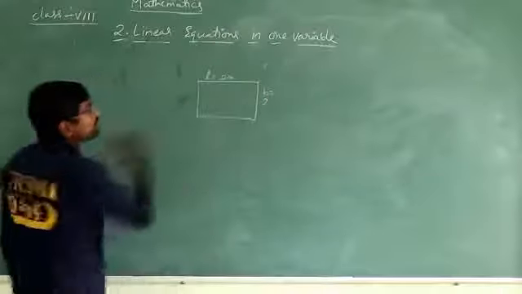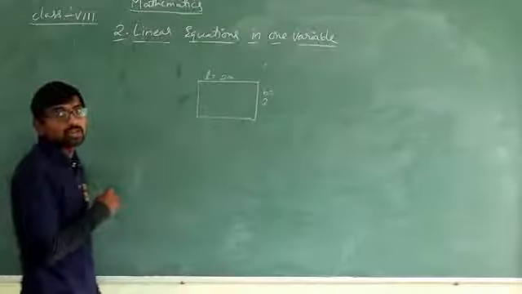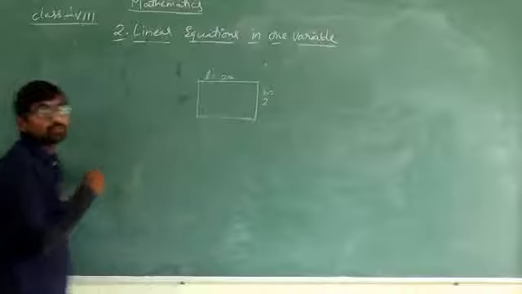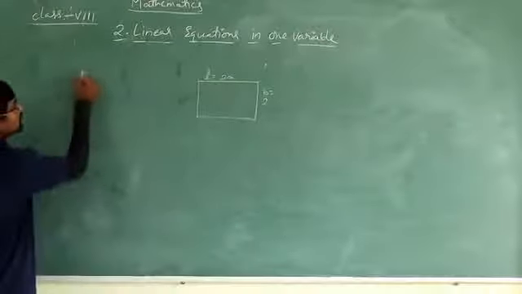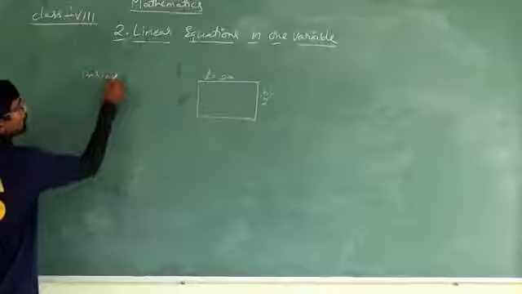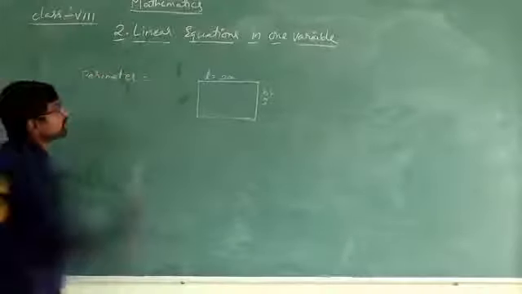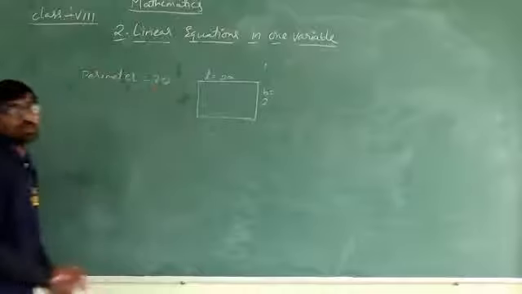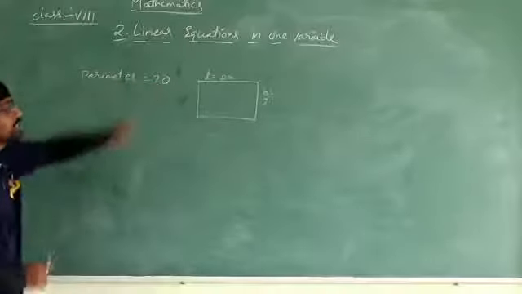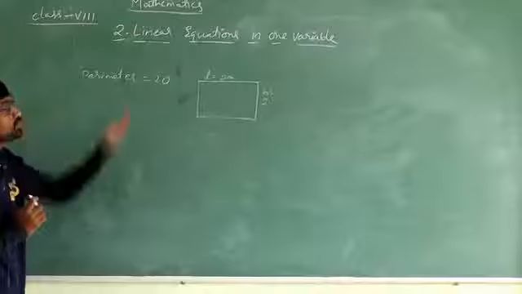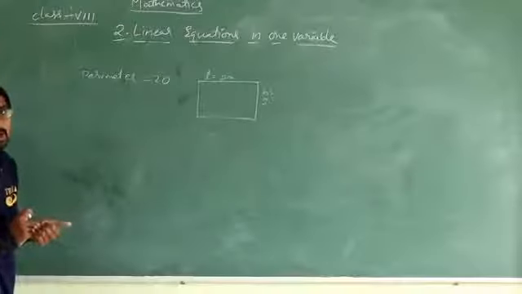If I give you the perimeter of the rectangle as 20, and ask you to find the value of length, how will you do it?